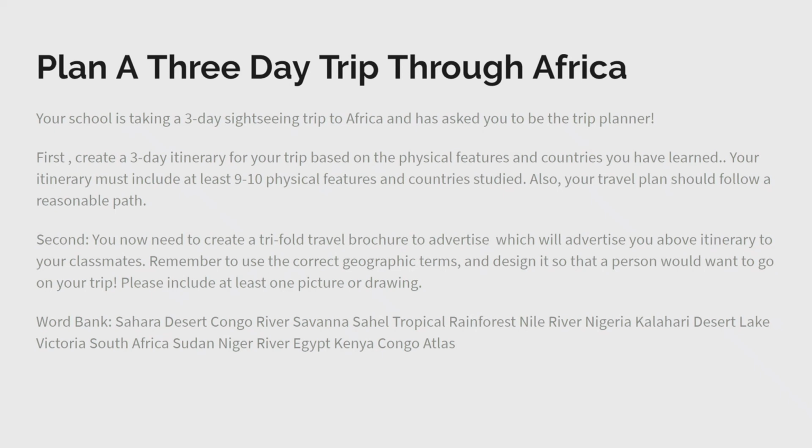You're saying, come on, you want to go on a trip with me. The word bank is listed at the bottom as well. The word bank includes everything that you need to include in 1, your itinerary, and 2, your brochure. So if you need a moment and you want to write at least the word bank down or the directions down, please pause now.